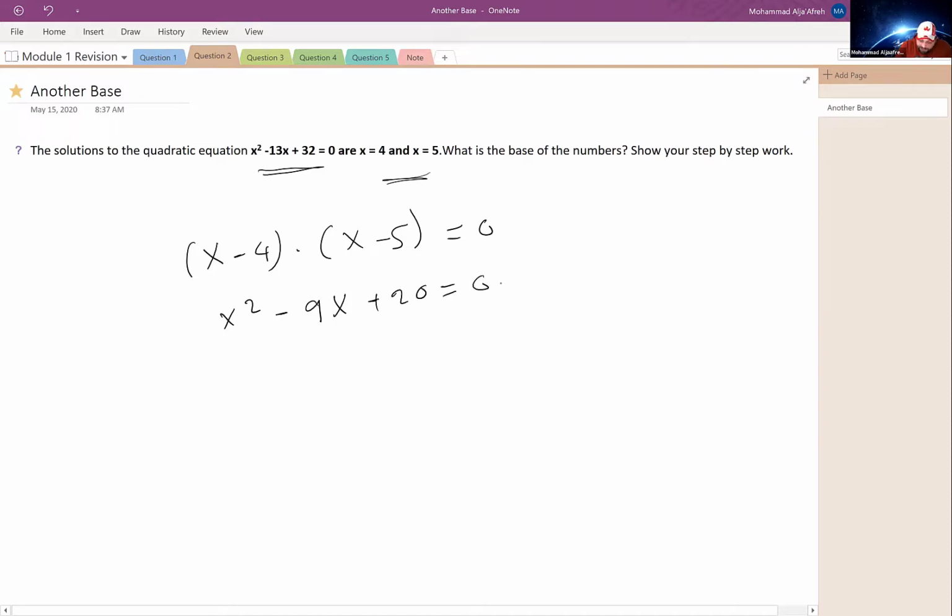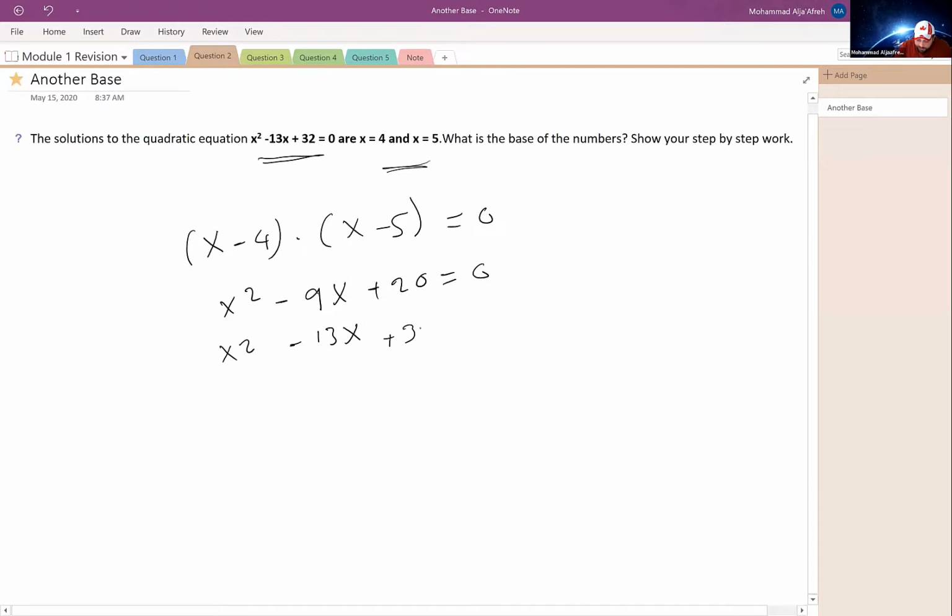Now I have to compare it to x to the power 2 minus 13x plus 32.